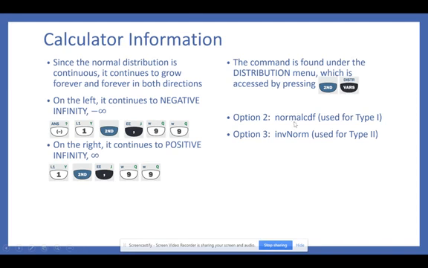Option 2 is the normal CDF command that we use for type 1 questions, and option 3 is the inverse norm command used for type 2. And again, we're going to go through some examples together, and you'll be able to see this on the screen and know how to go about it.